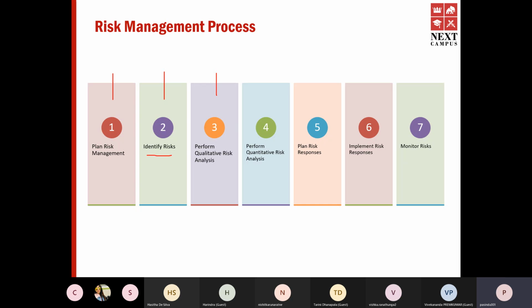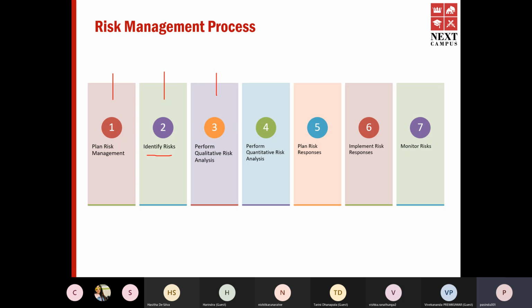When it comes to medium risks, you can have a plan. As a project manager, you and the leads can group and have a plan to mitigate or exploit them, all that, because it's a medium risk. If it's a high risk, you can escalate it easily.